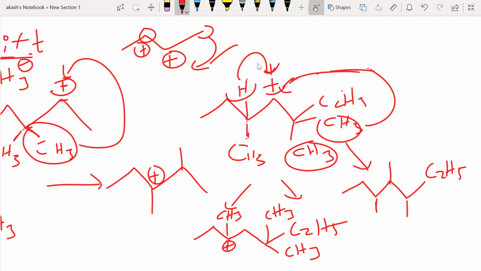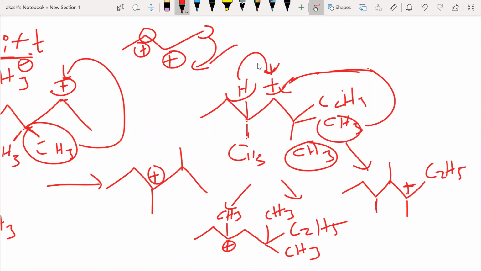And obviously this carbon is going to have the positive charge. No issues, right? So both are tertiary carbocations. This is a tertiary carbocation, this is a tertiary carbocation, but I have to see which is more stable.